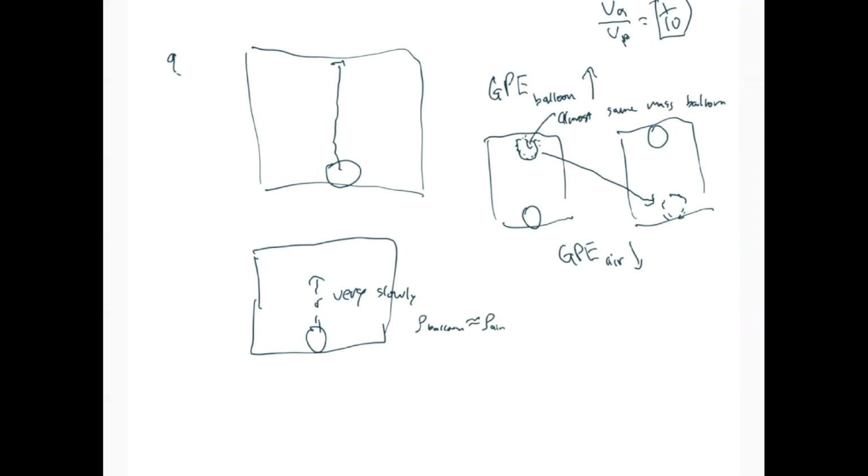So as the balloon goes up by mgh, the air will fall down by the same height that the balloon rose up. So the potential energy of the air will also decrease by mgh. And so that accounts for basically all of the energy.